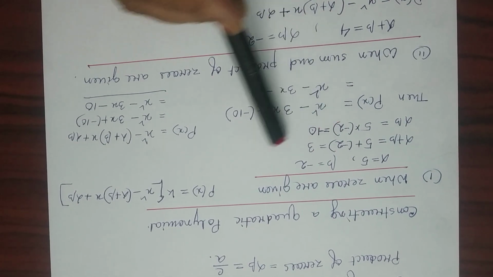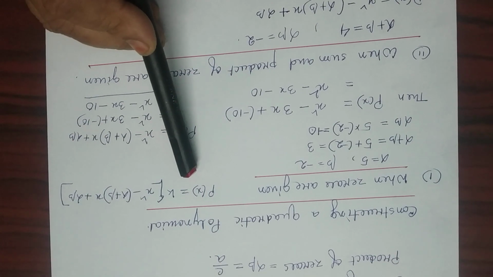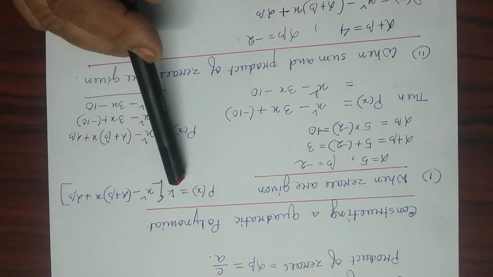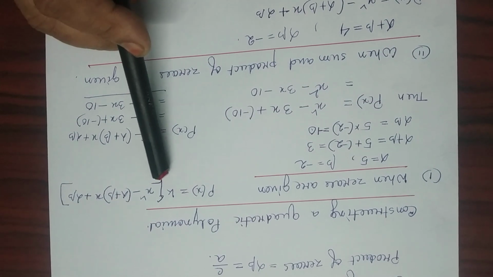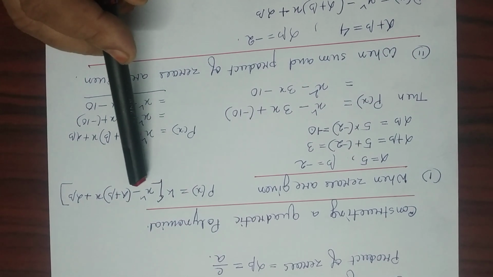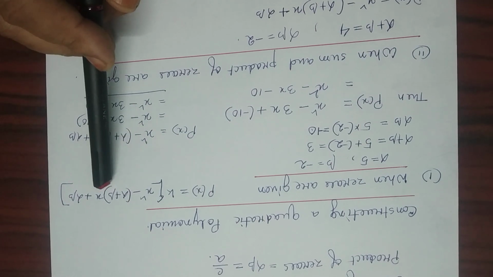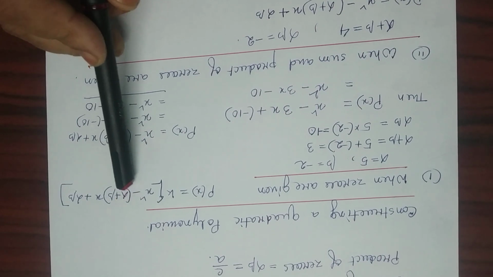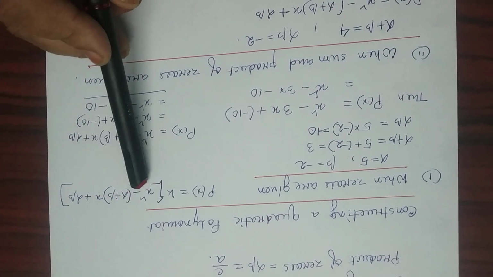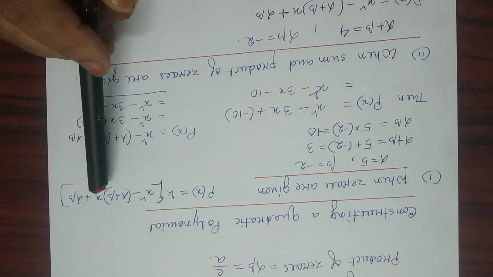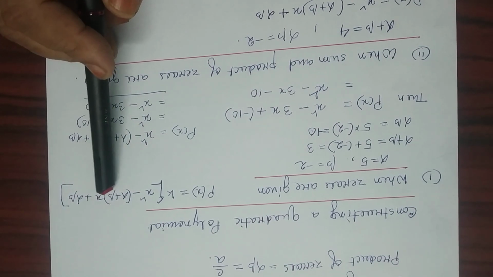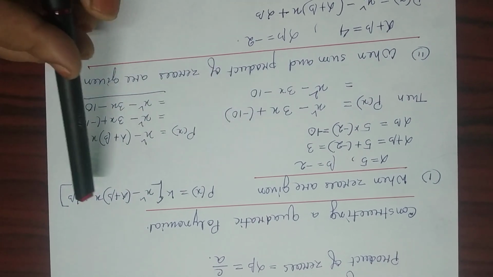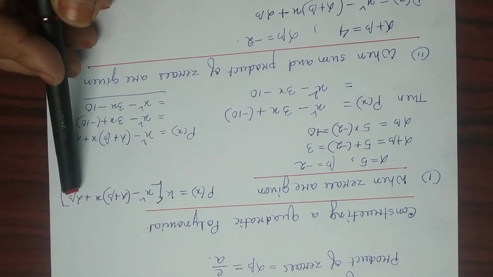And the formula to construct a quadratic polynomial is k, where k is the constant, into x square minus sum of zeros into x plus product of zeros. That means if we know the sum of zeros, then we put it as the coefficient of x, and before that we put a minus sign, and if we know the product of zeros, then we use it as the constant.